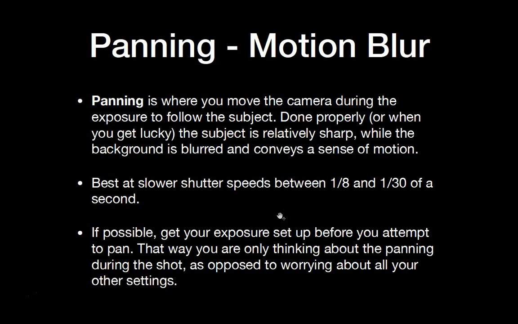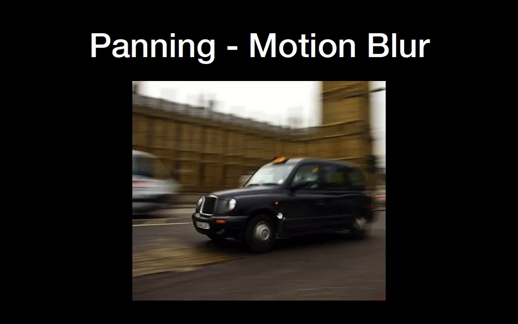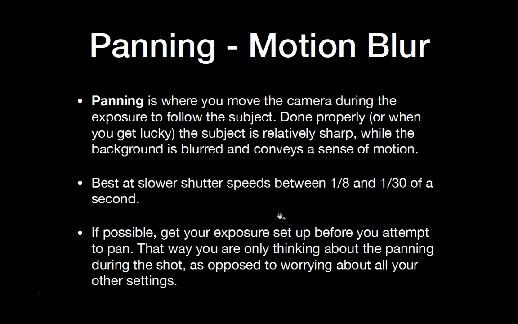So panning is where you move the camera during the exposure to follow the subject. Done properly, or when you get lucky, the subject is relatively sharp, not super, but relatively. And while the background's blurred, it conveys a sense of motion. So this isn't the only way to do motion blur, but it's a common way, and I wanted to talk about it.